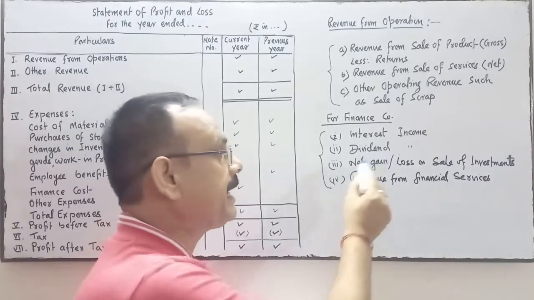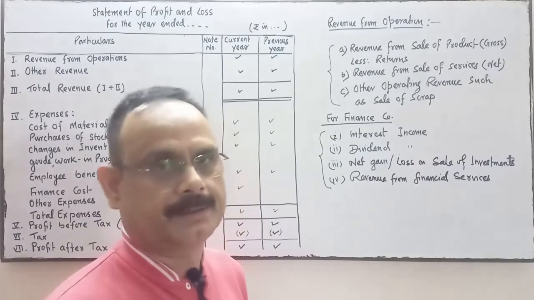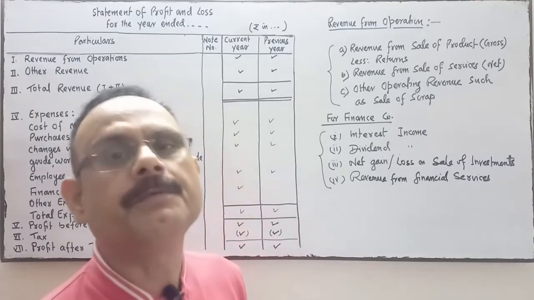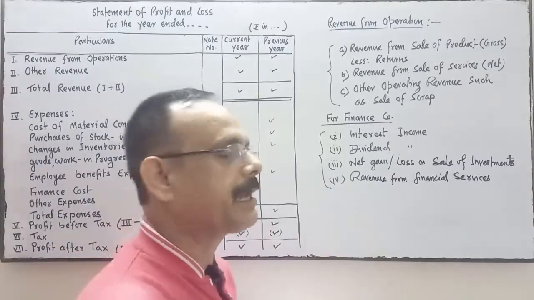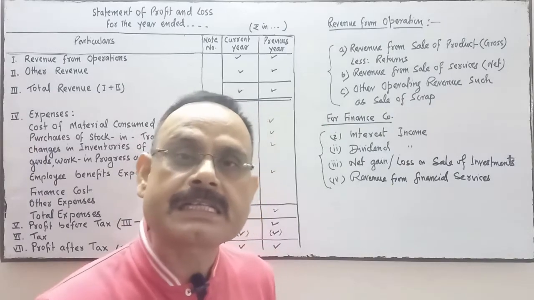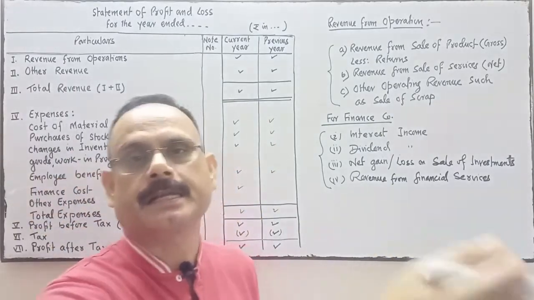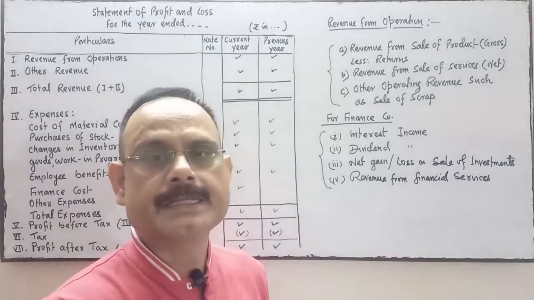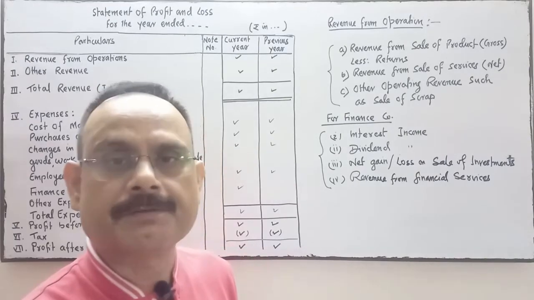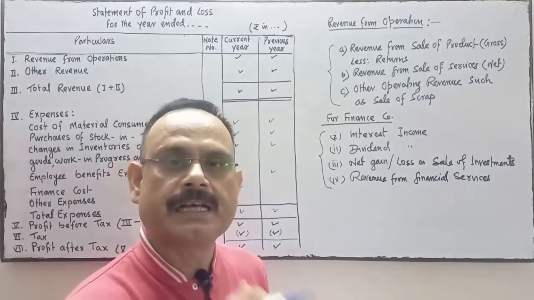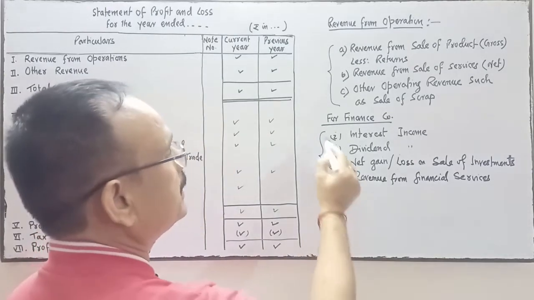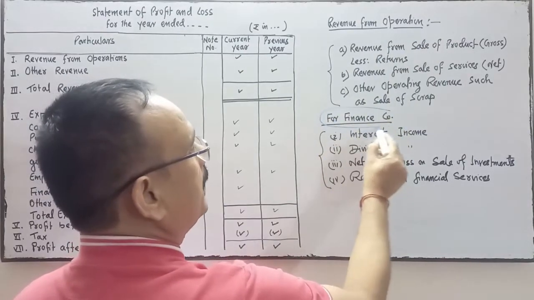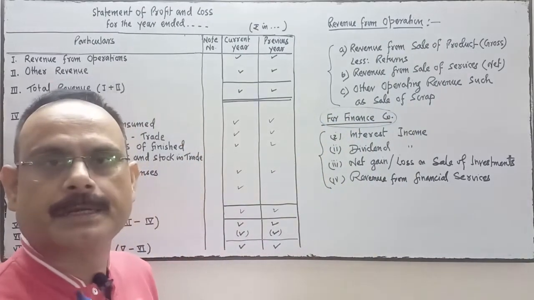Net gain or maybe loss on sale of investment. And last one is revenue from any sort of financial services provided by the finance company to their customers, in return for which they get some amount. So revenue from financial services, these will come under the revenue from operation for a finance company.